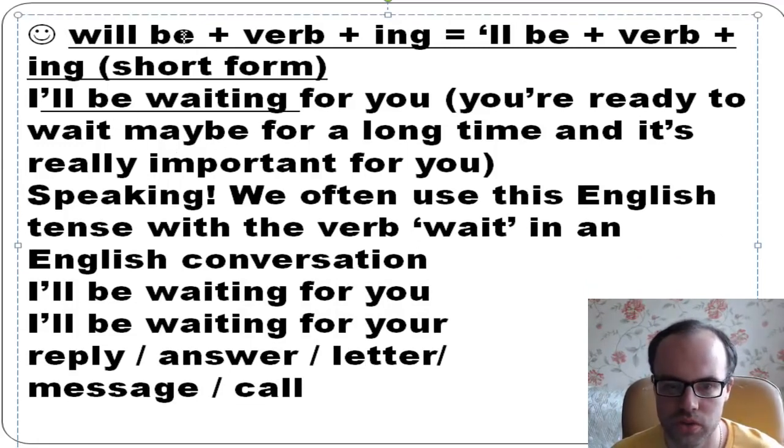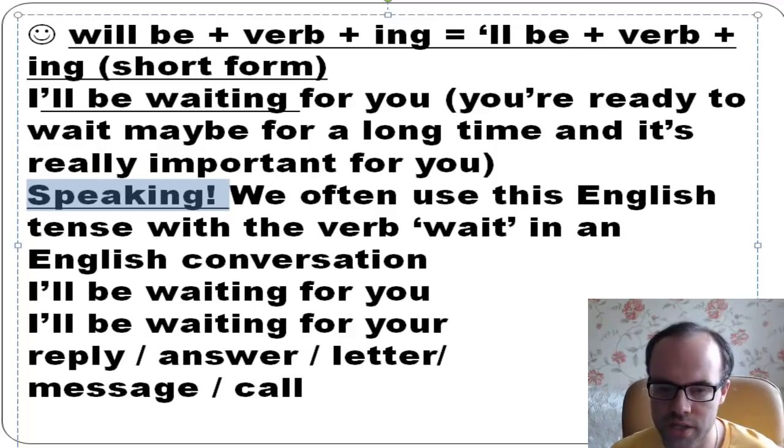So you see that we form it this way: will be plus verb plus ing, or we can use a short form. It means that you're ready to wait maybe for a long time, and it's really important for you. What about speaking? We often use this English tense with the verb wait in an English conversation.